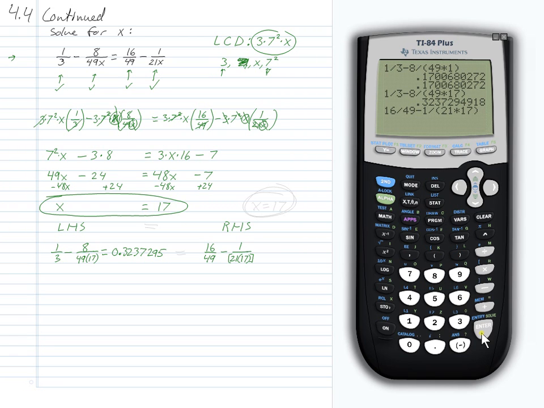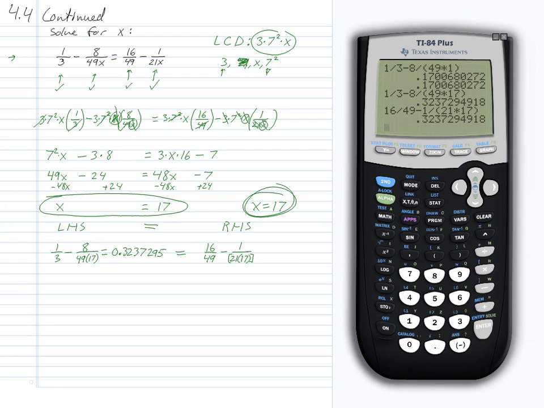So what do we come up with? We get 0.3237295, basically, if we round in the same way. So the left-hand side and the right-hand side are equal when we plug in 17, which means x equals 17 is our solution.